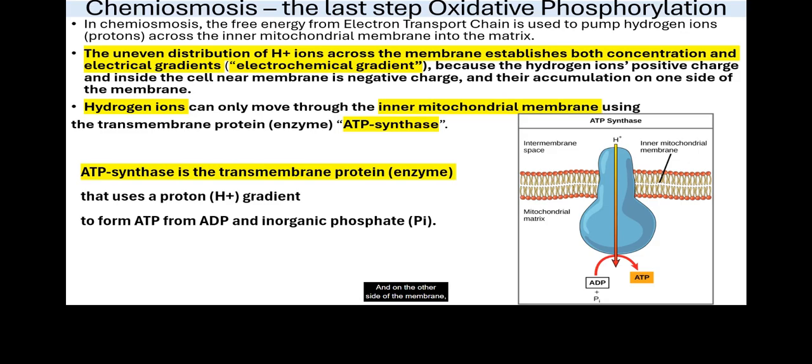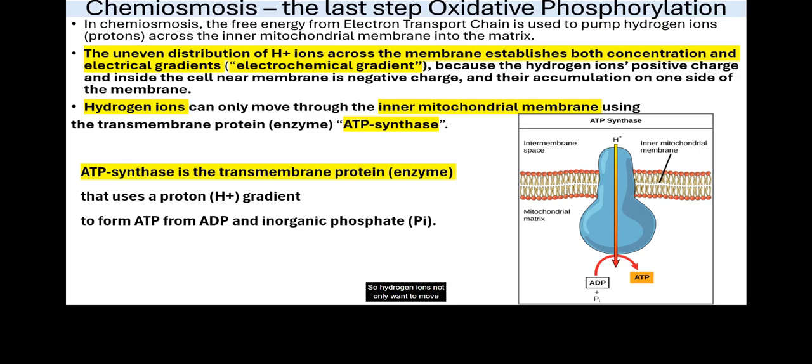And on the other side of the membrane, in the mitochondrial matrix, we will have the opposite, negative charge, because we were pumping these hydrogen ions. So we're creating negative charge on this side of the membrane, and a lot of positive charge with these hydrogen protons on the other side.